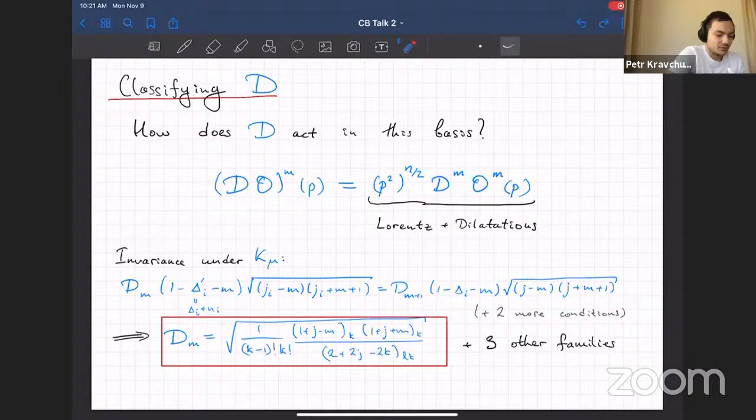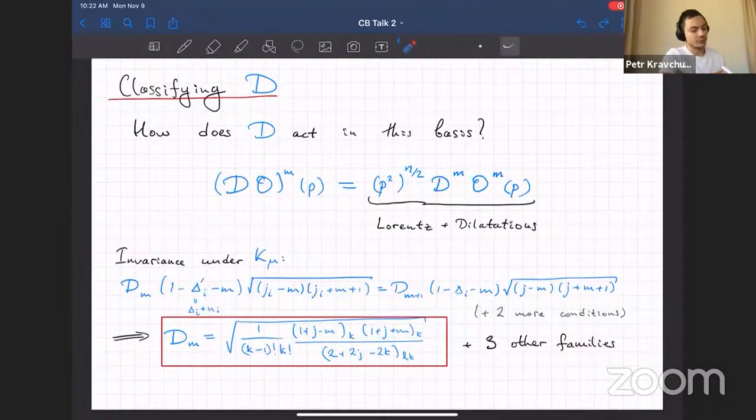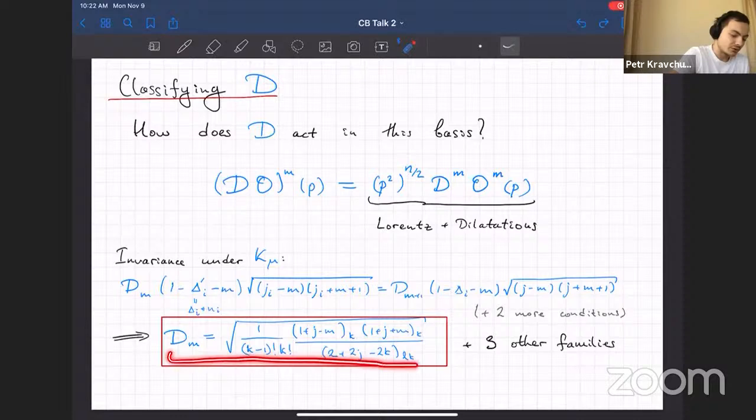For the differential operator to be conformally invariant, we have so far taken into account the translations, dilatations, and rotations. But we also need to take into account invariance under special conformal transformations. If you work it out, it leads to some recursion relation on these coefficients D_m. You can then solve this recursion relation, normalize these operators appropriately, and you'll find explicit formulas for different families.